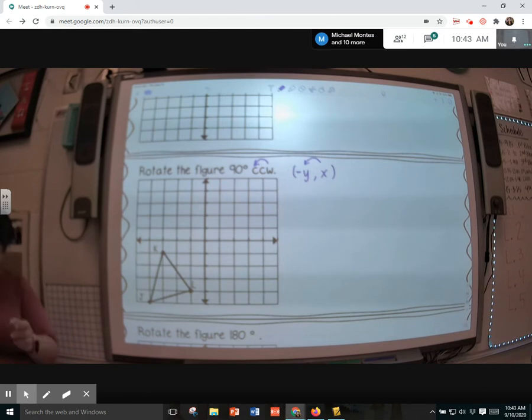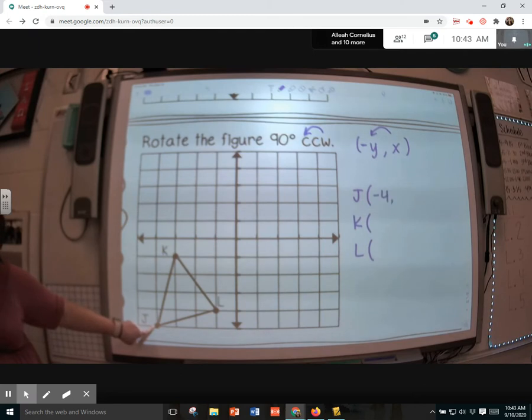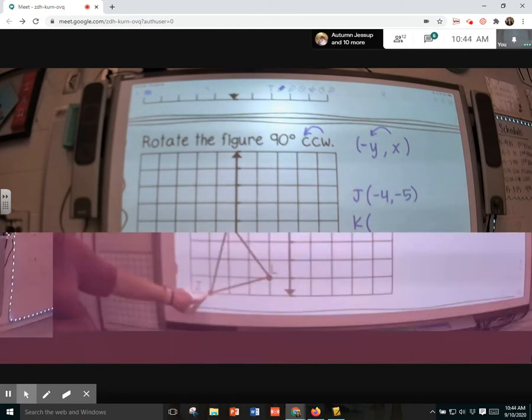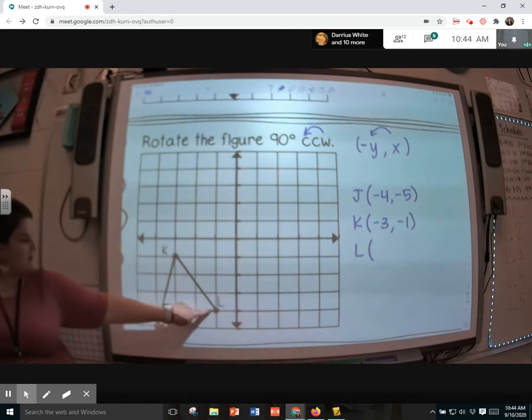So I'm going to look at J, K, and L and write their original coordinates. So J starts out at -4, -5. K is at -3, -1. And L is at -1, -4.